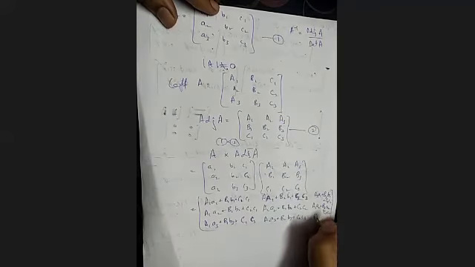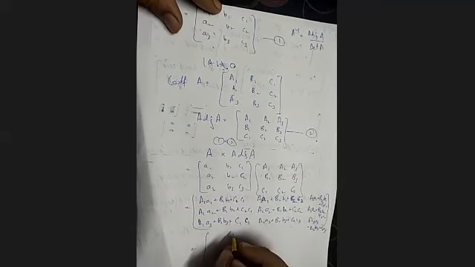Then again row into column, capital A2 small a3 plus capital B2 small b3 plus capital C2 small c3. Then row into column, that is A3 A3 plus B3 B3 plus C3 C3.